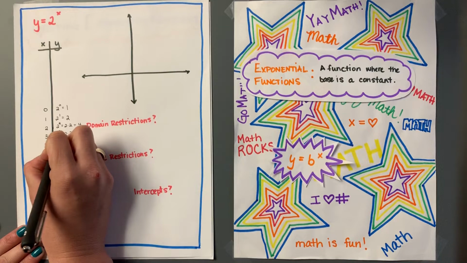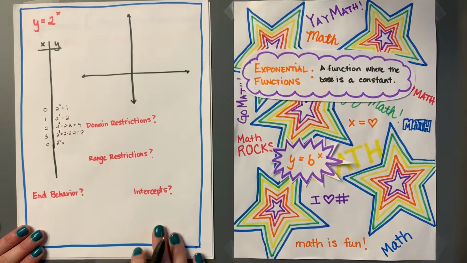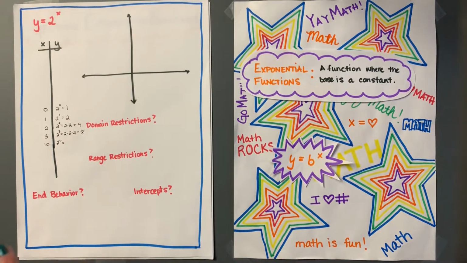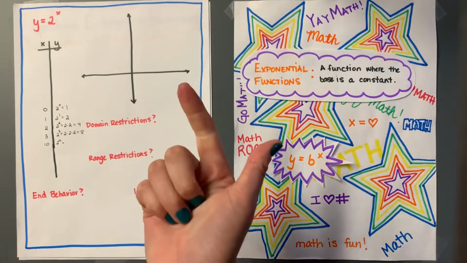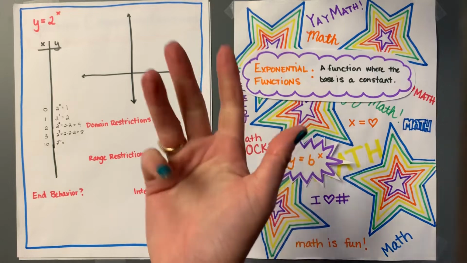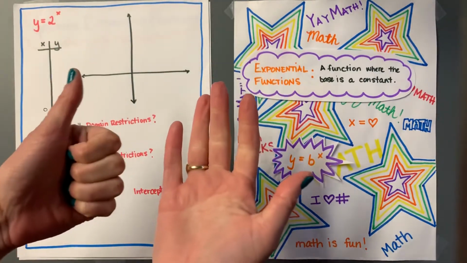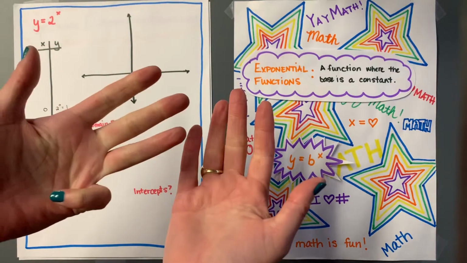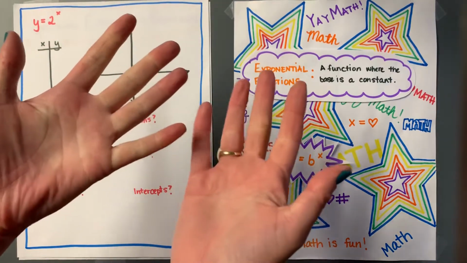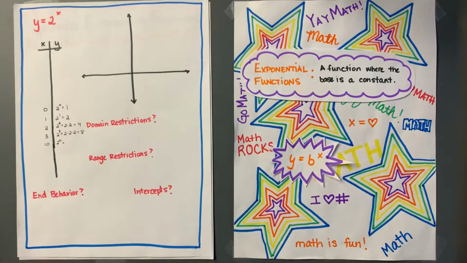So this is 2 to the 10th. This is 2 multiplied by itself 10 times. So let's work through this. 2 to the 1 is 2, 4, 8, 16, 32, 64, 128, 256, 512, 1024. So 2 to the 10th is 1024.